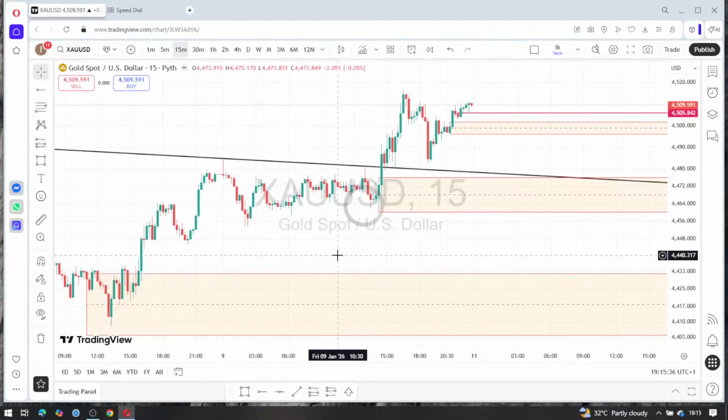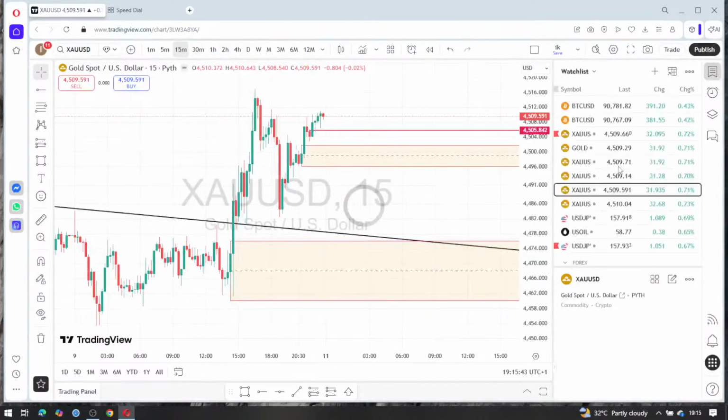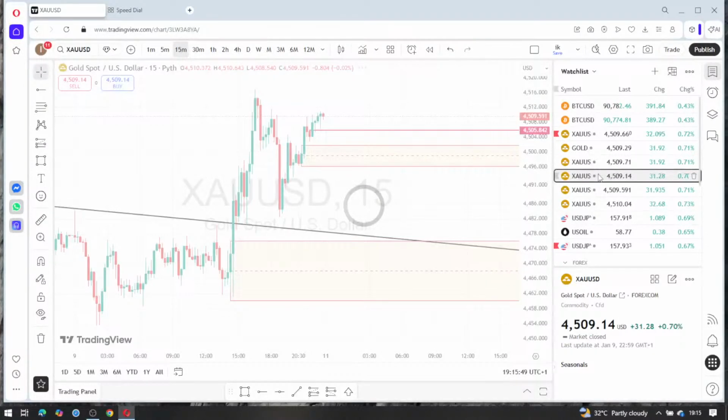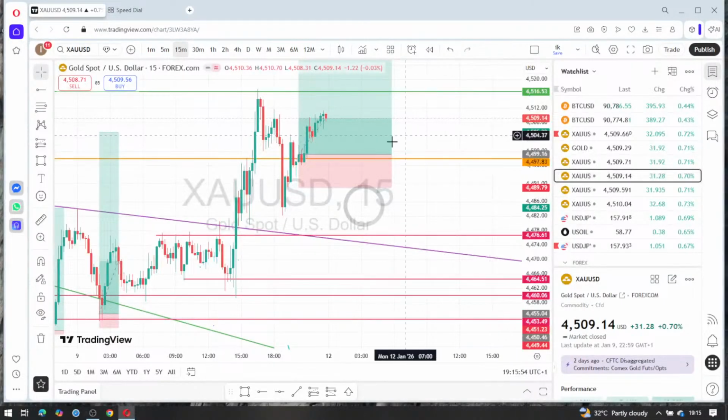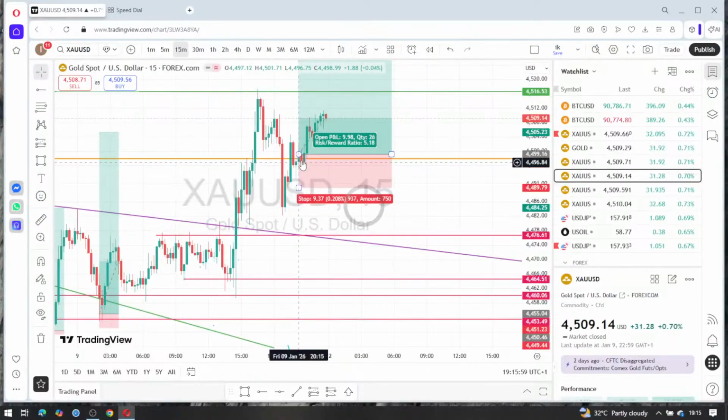We want to start with our bullish bias. For a bullish trade, if you are not in the trade here, because I'm already in the trade since last Friday, before the market close. Let me show you where I am. You see the trade. From this other block, I actually took the trade from here.